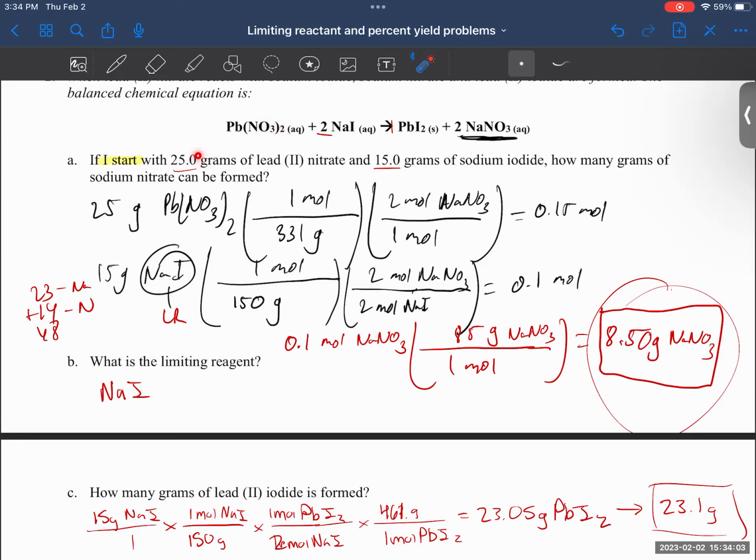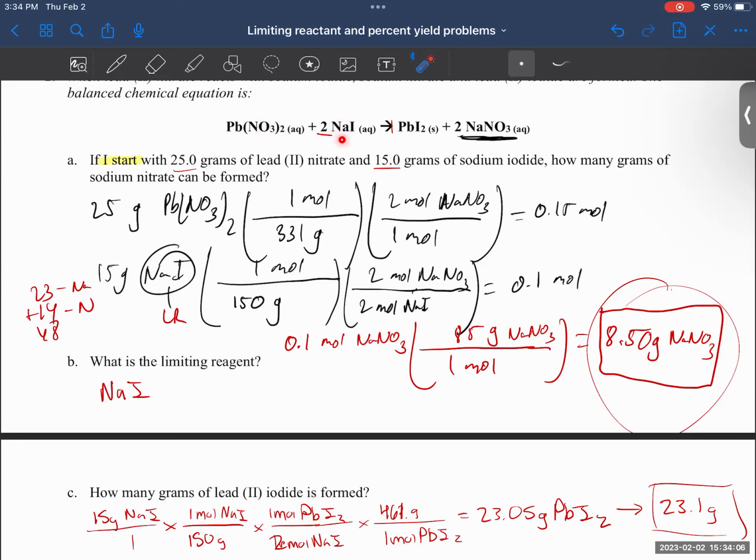Because we have grams for both reactants, one of them must be the limiting reactant. So they said to convert grams to moles, and we did that using 25 grams of lead-2 nitrate. We know that 1 mole of lead-2 nitrate has a molar mass of 331 grams.